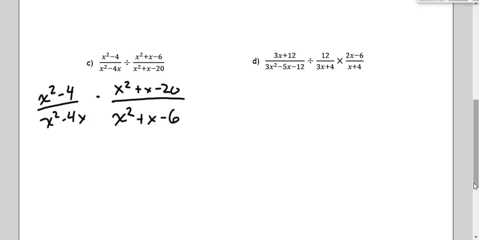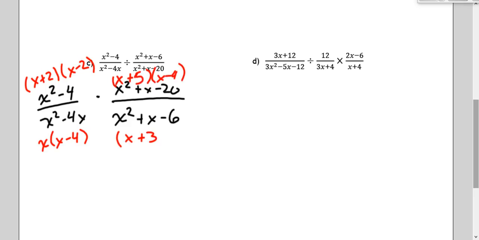So then that changes to x plus 2, x minus 2, x minus 4, x plus 5, x minus 4, and x plus 3, x minus 2. And then we cross out.